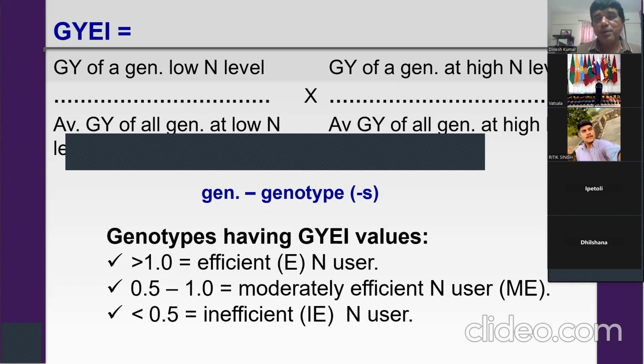In general, people consider that the genotype which performs best at the lowest level of nitrogen will be the most nitrogen use efficient. But that is not the case actually, because we want more and more yield. So if that particular genotype also gives more yield at high N level, because we want to increase the yields at high N level also, then that will be the more nitrogen use efficient.